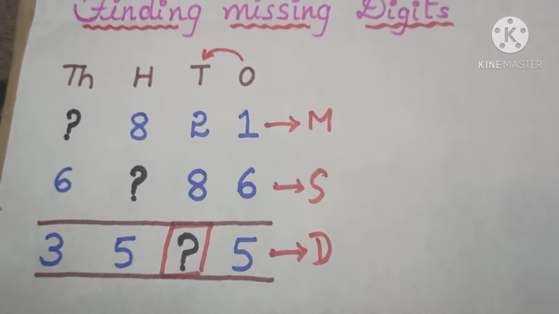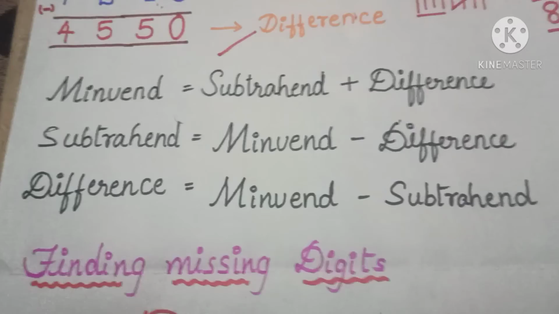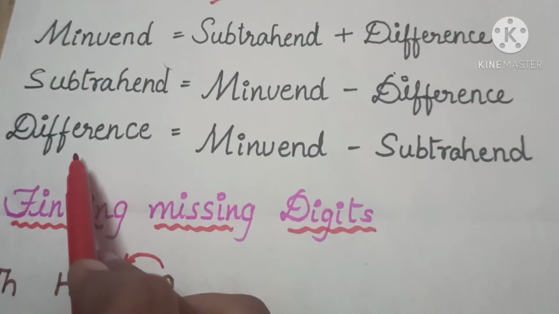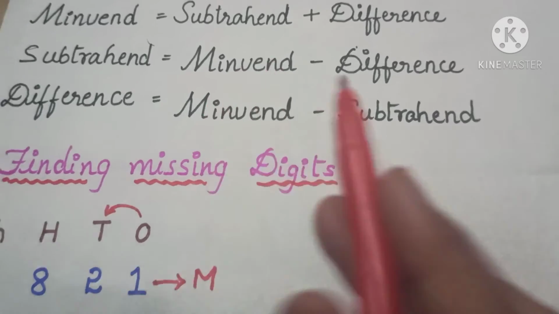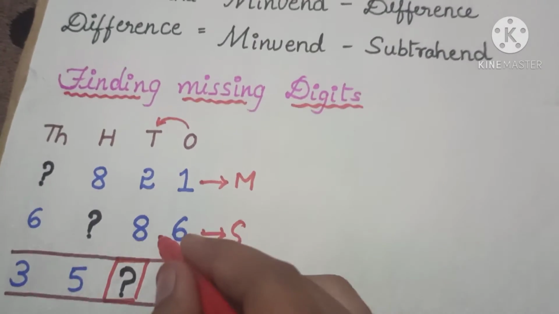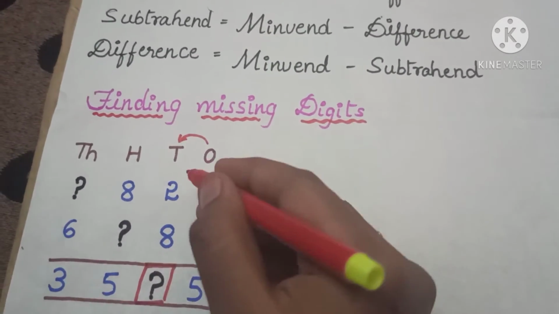So what formula should we use? Yes, whenever we are finding the difference, we should just subtract subtrahend from minuend.